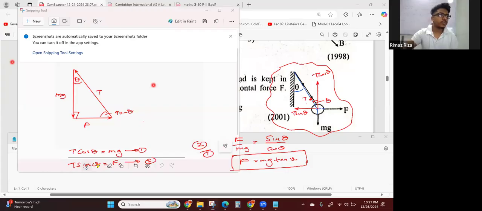Then we can use Lami's theorem. So F over the opposite angle is, okay, hold on.